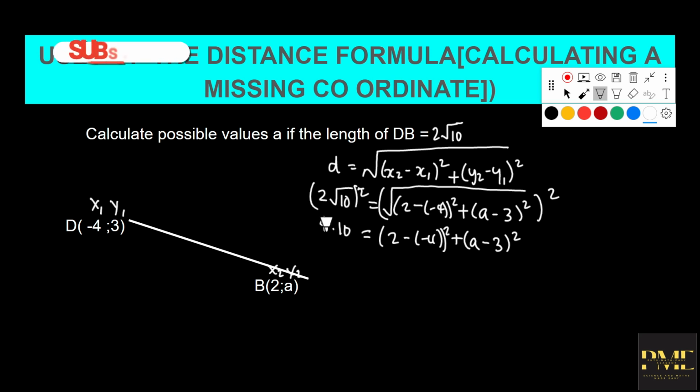So here we have 4 times 10, which is 40, equal to. We start with the brackets inside. Negative times negative gives a positive, so 2 plus 4 is 6, and 6 squared is 36.